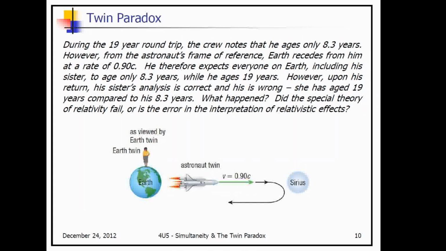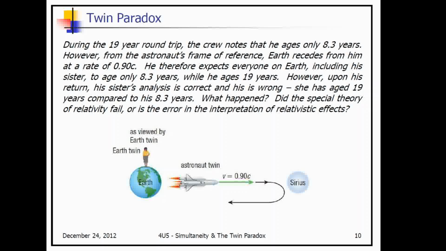So now it says, during the 19-year round trip, the crew notes that he ages only 8.3 years. However, from the astronaut's frame of reference, Earth recedes from him at a rate of 90% of the speed of light. He therefore expects everyone on Earth, including his sister, to age only 8.3 years, while he ages the 19 years.